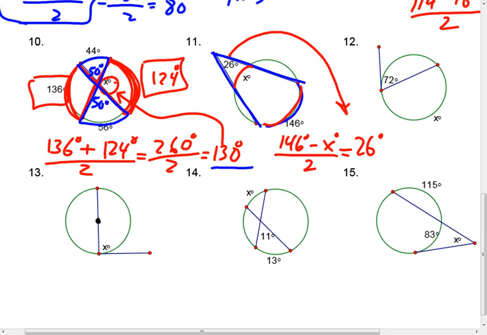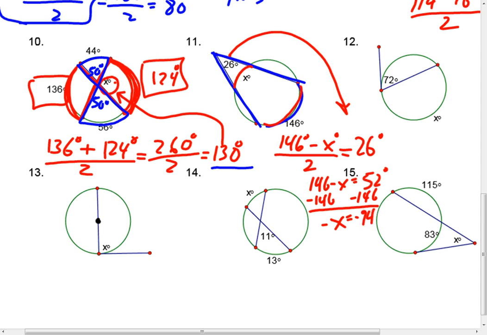Now you're just solving that equation for the unknown arc. How do you get rid of the 2? Multiply by 2. Multiply by 2. 146 minus x equals 52. Negative x equals, what do we got left here? 94.